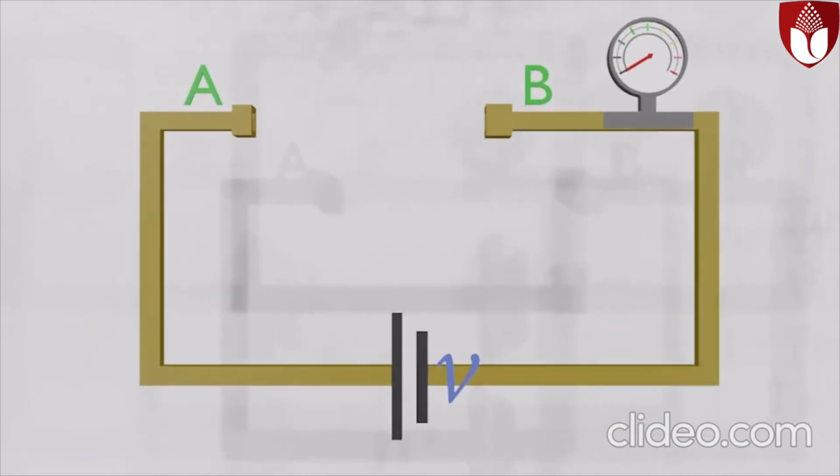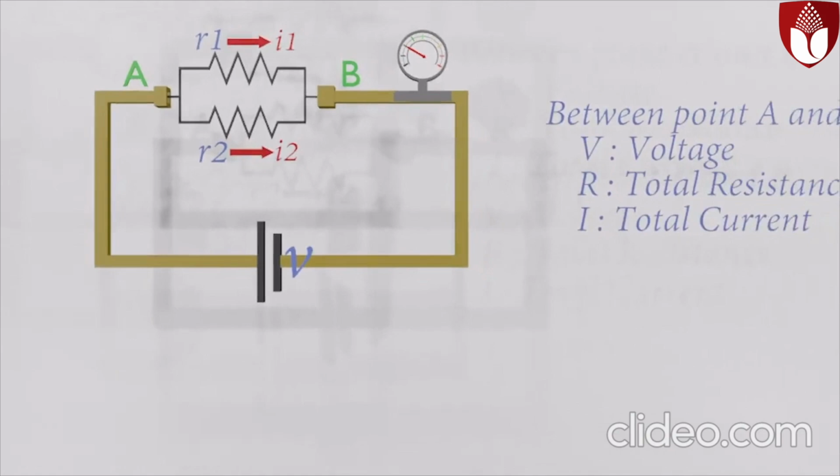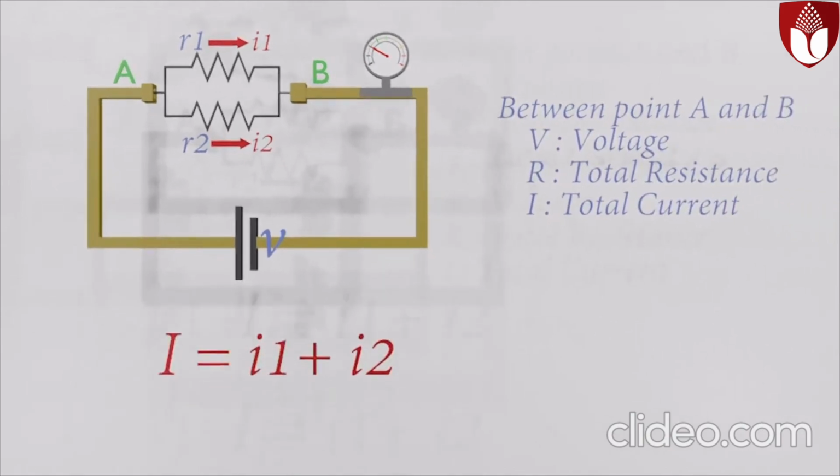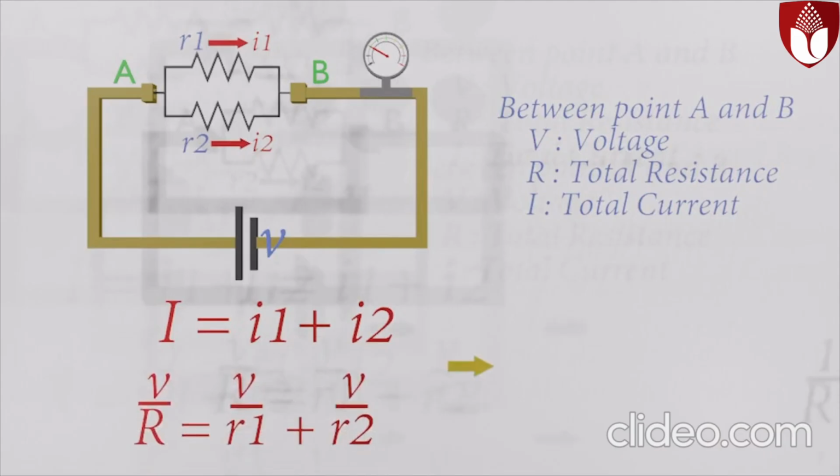Right. Let's add another resistor parallel to R1 like this. This new R2 resistance allows I2 current to pass through it. Now the current has two ways to go from A to B. So the total current is equal to the sum of these two currents, I1 plus I2. We can replace the I using Ohm's law and simplify the equation like this.